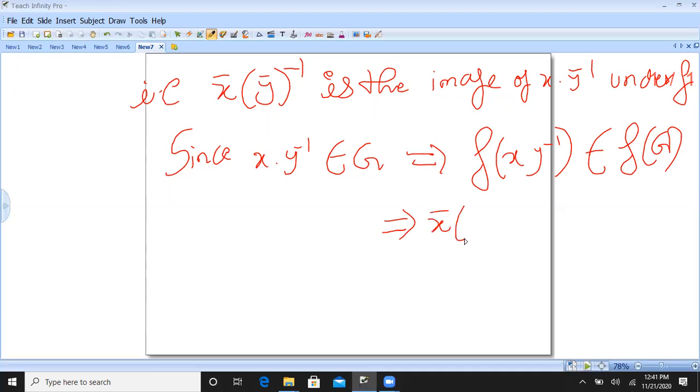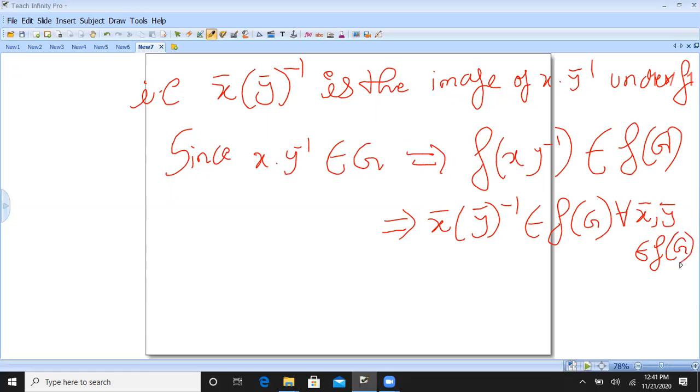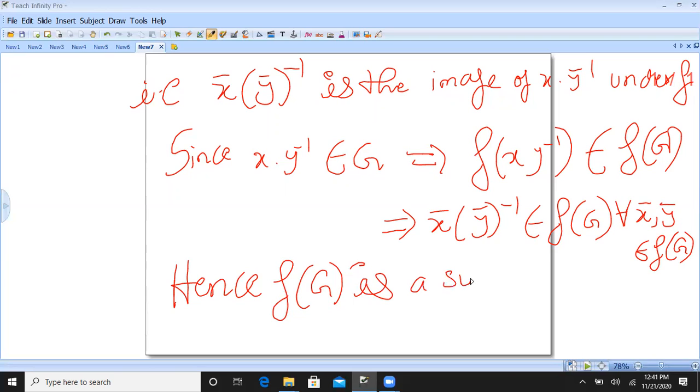X bar into y bar whole to the power of inverse belongs to f of G for all x bar, y bar belongs to f of G. Therefore, hence we can write that f of G is a subgroup of G bar.